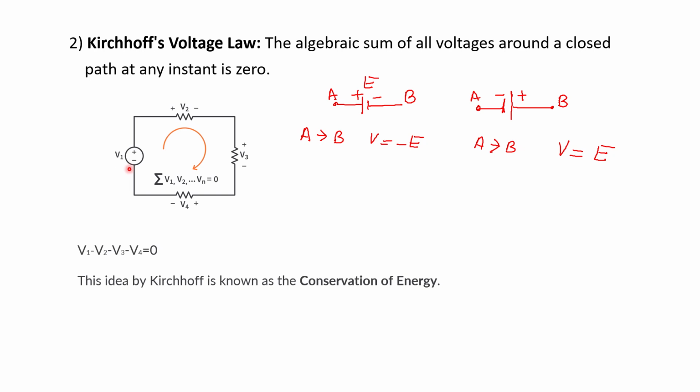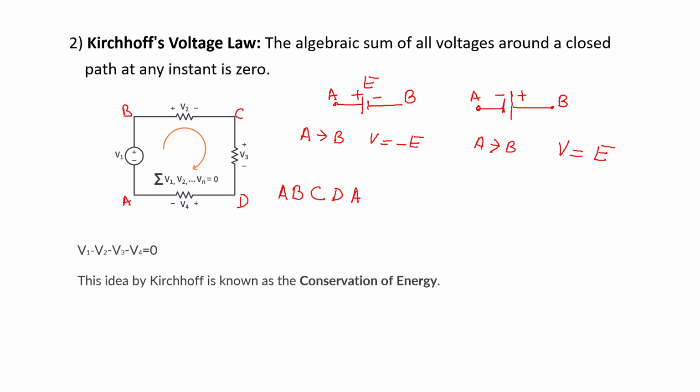So if you see the circuit, there are some points, that is A, B, C and D, and there is a closed path A, B, C, D and A. So if you start from point A and end at point A, from A to B, for path A to B, the voltage will be a rise in voltage, then you can say plus V1.